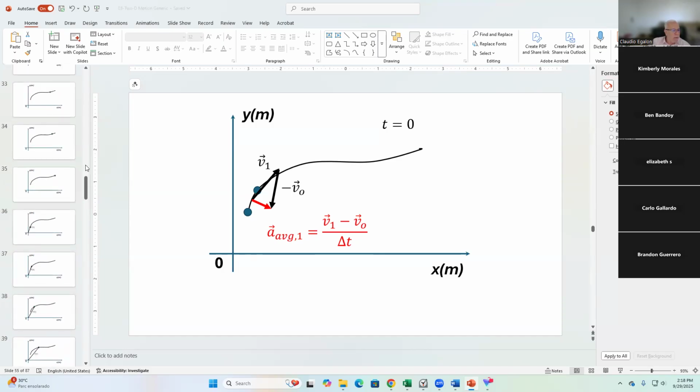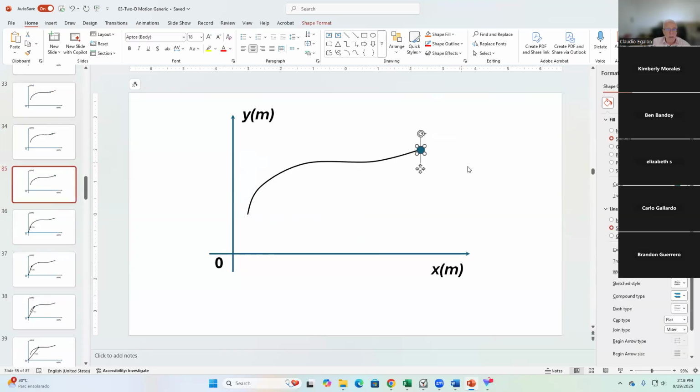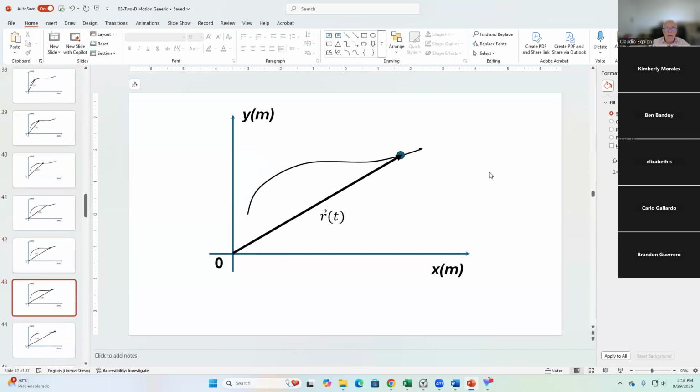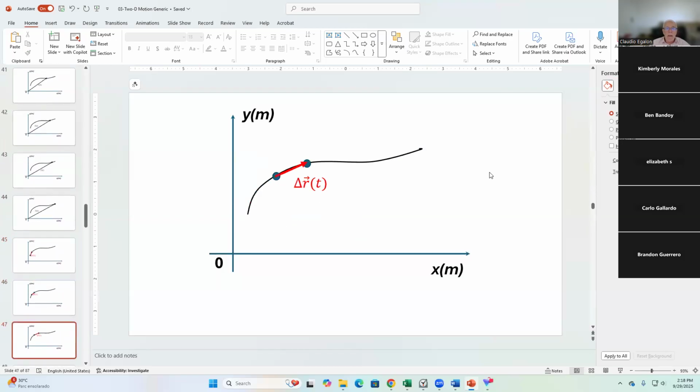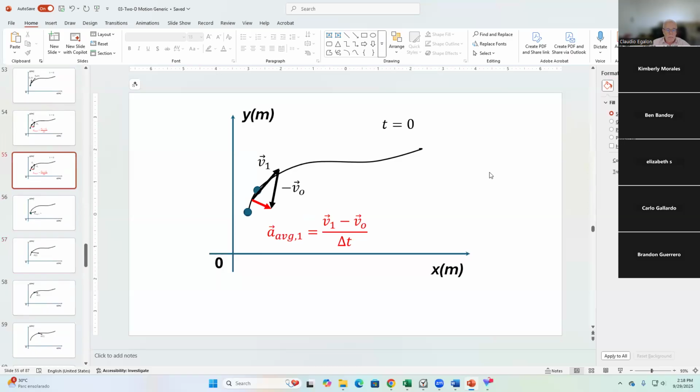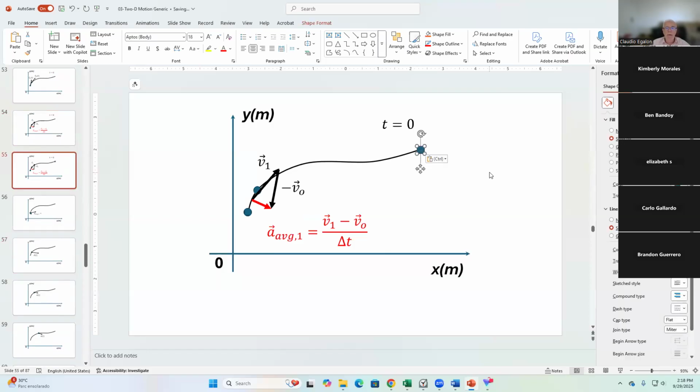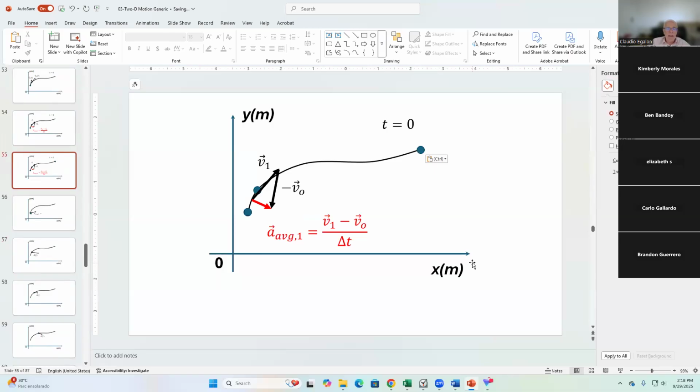To make my life simpler, I'm just going to copy this point right here. I'm going to put the last point right in here. Let's not forget that my last vector is going to look something like the following, right?